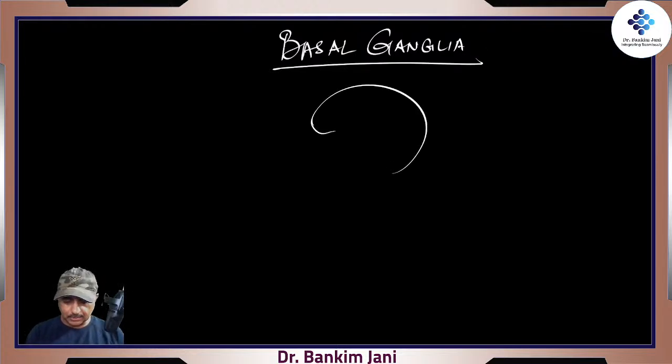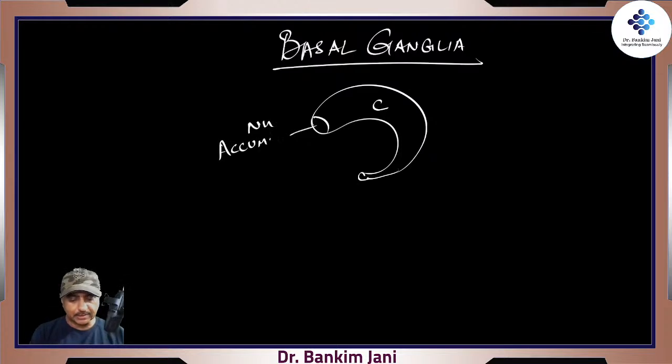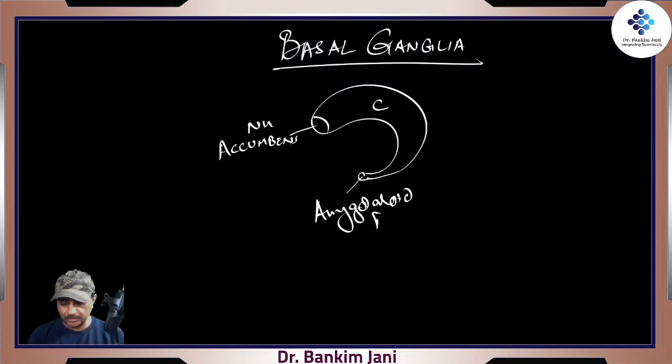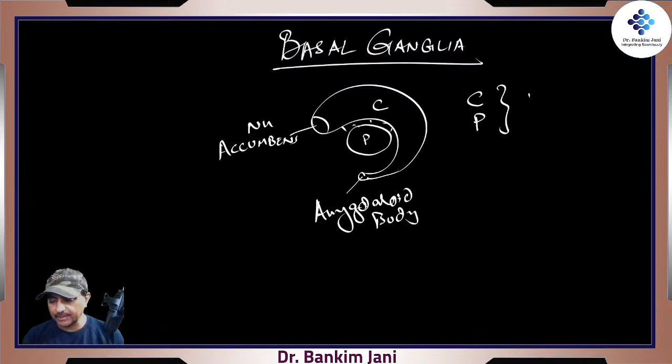There was the caudate nucleus, then the nucleus accumbens, then the amygdaloid body, and then the putamen. Caudate and putamen are collectively called the striatum, and this striatum is important because it plays a major role in various loops.